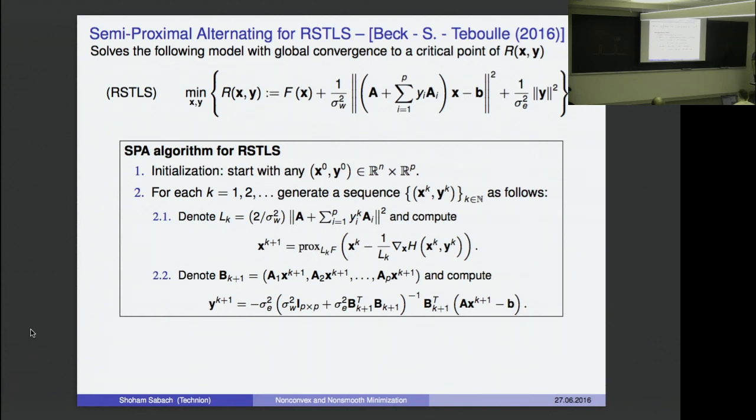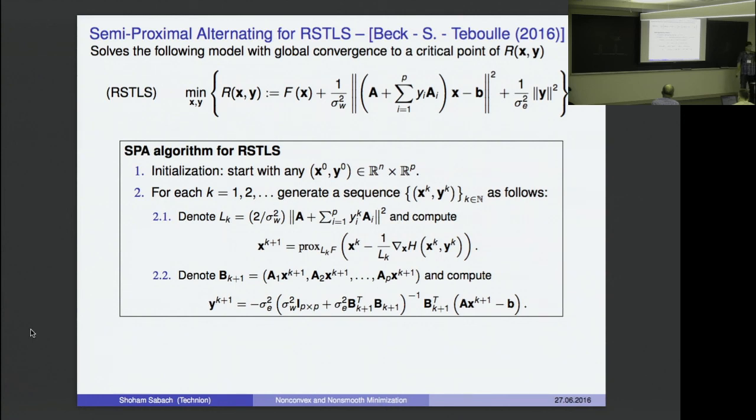It is different from PALM, because if you look with respect to the y variable, you have the sum of two quadratic functions. So why approximate the solution of this problem when you can solve it explicitly? More than that, it's important that p, which is the number of components, is usually a very small number, which means that we can solve exactly the problem with respect to the block of variable y.